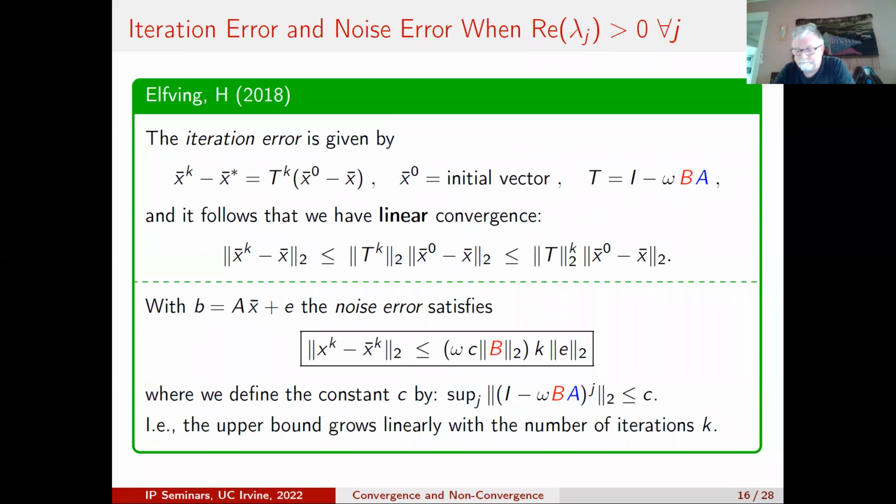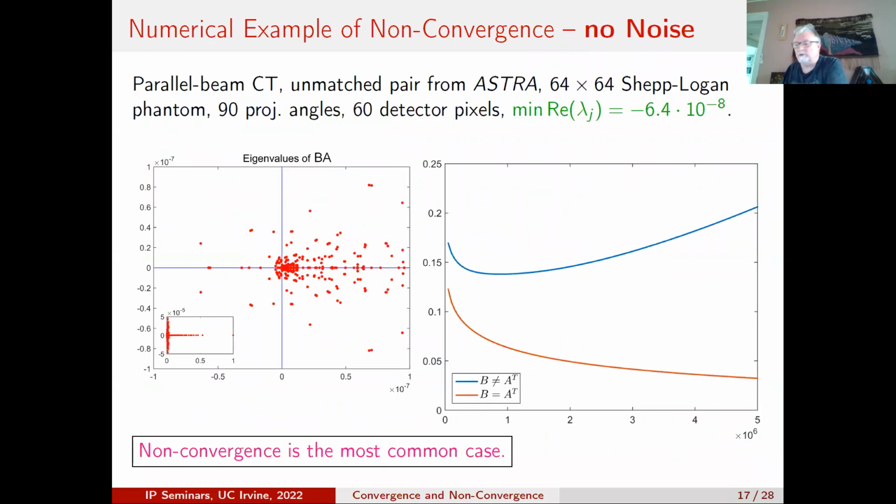So far, so good. But as it turns out, in most situations, the matrices A and B that correspond to the implementations of the forward and back projections that you see in all the software packages I know, will correspond to iteration matrices with a small number of eigenvalues in the left half plane.